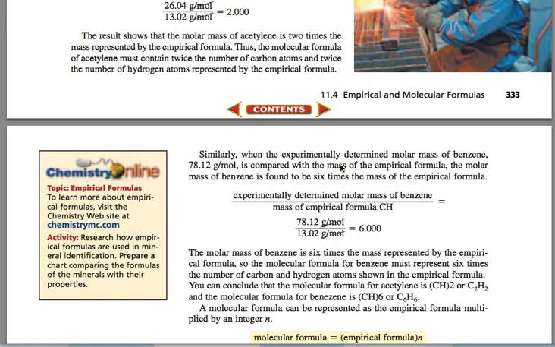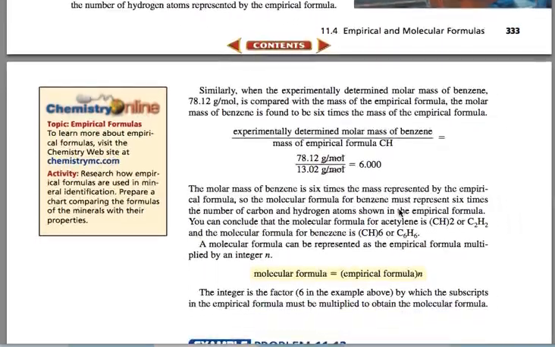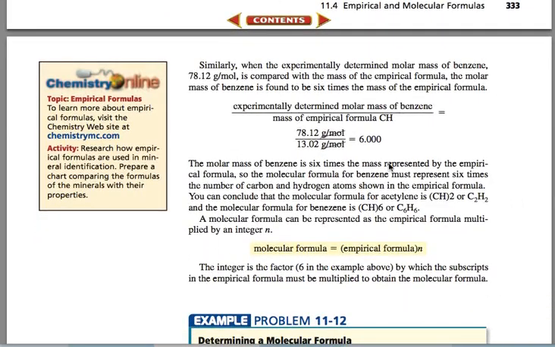Similarly, when the experimentally determined molar mass of benzene, which is 78.12 grams per mole, is compared with the mass of the empirical formula, the molar mass of benzene is found to be 6 times the mass. Okay, so what is the molecular formula going to be? C6H6, right? The molar mass of benzene is 6 times the mass represented by the empirical formula.